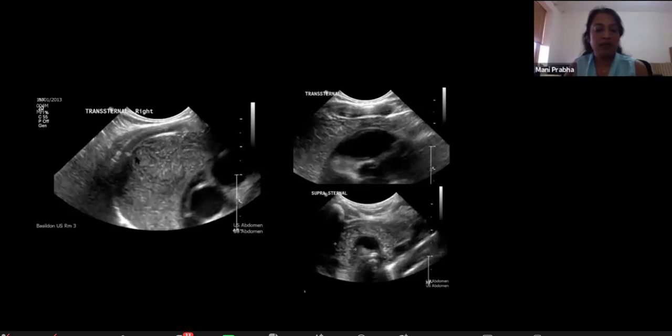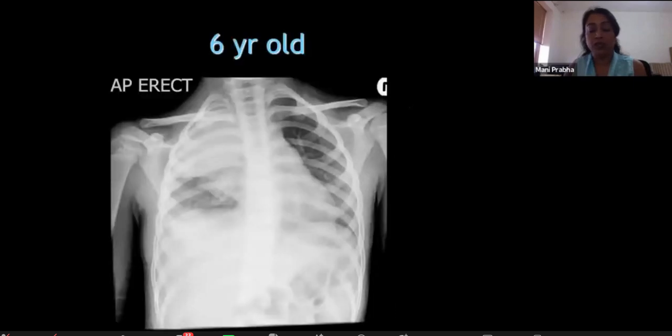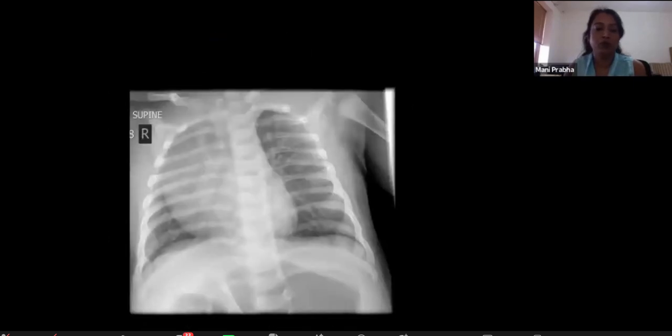And we see a very homogeneous area here, just around the cardiac shadow, abutting it, very well circumscribed. So it is a thymus. Thymus can have very different appearances in different individuals, and it can cause a lot of confusion if you're not reporting these pediatric radiographs regularly.